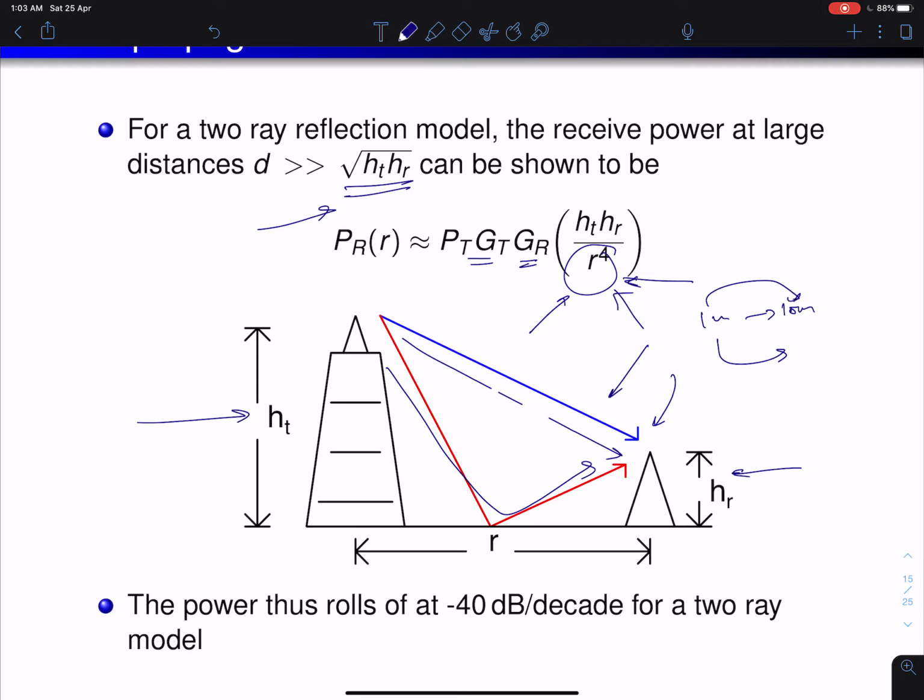So 10 log of r power 4, when you compare 1 to 10, you will get 40 dB. So the power is going to roll off at a slope of minus 40 dB per decade. So all I'm trying to show in this model is that with multipath you can have much worse roll-offs of power. Your power will change much more rapidly than it did for line of sight communication.